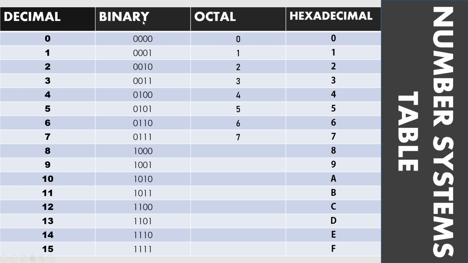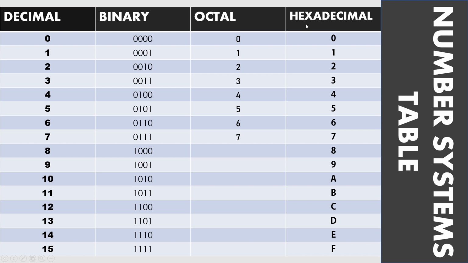While the binary, which is the base 2, we have only 0 and 1, and a combination of that. For the octal number system, we have 8 digits: 0, 1, 2, 3, 4, 5, 6, and 7. We don't have 8 and 9 in the octal number system.